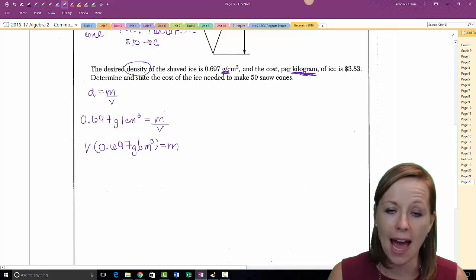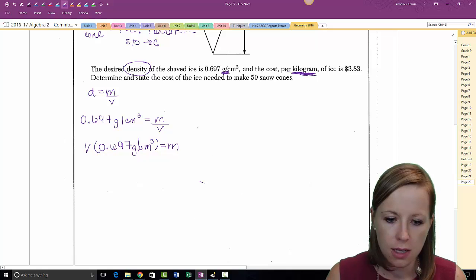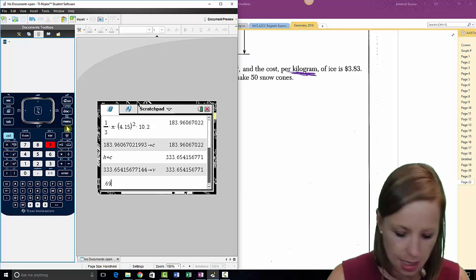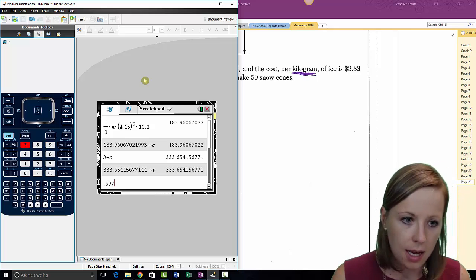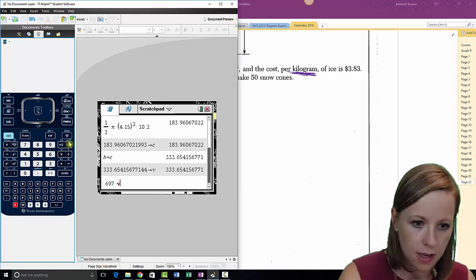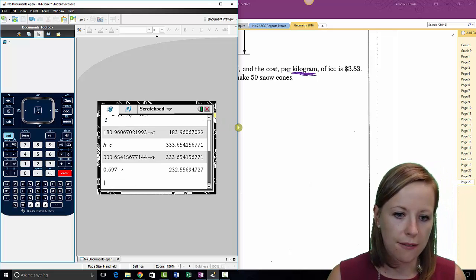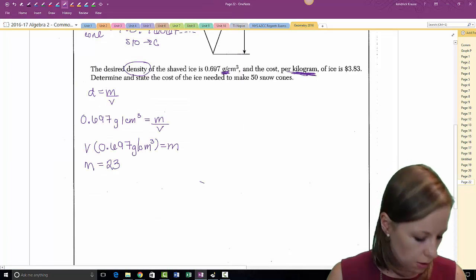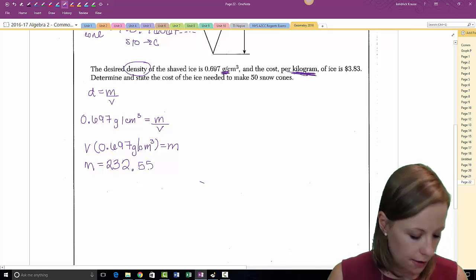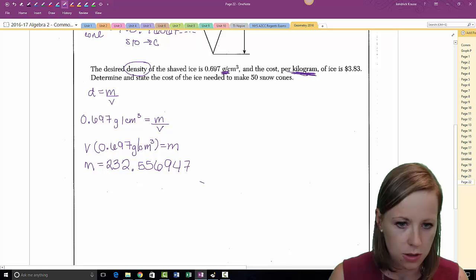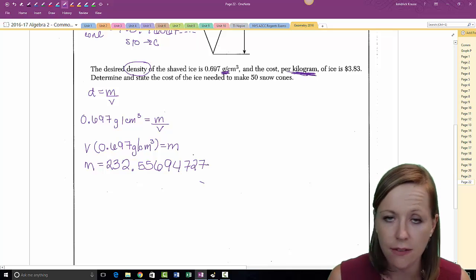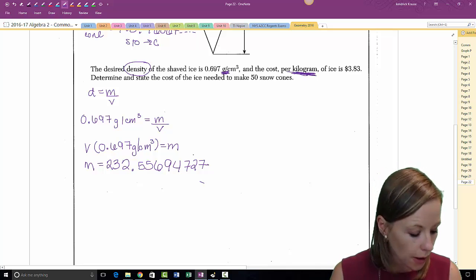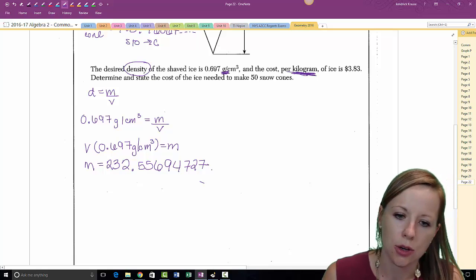And that's going to get me my mass. So let's go to the calculator. 0.697 times V, which I stored, is 232.5569 and so on. M is equal to 232.55694727. I can store that if I want for M. I can keep storing.